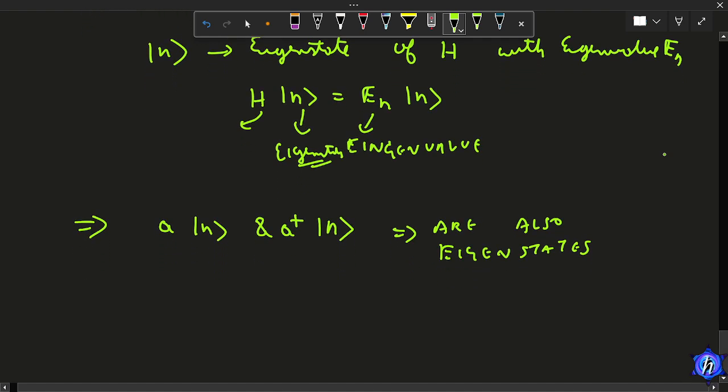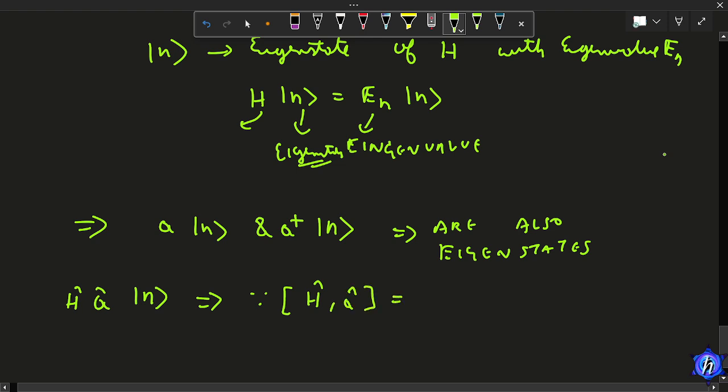Now, why I have done this: we can rewrite this H operator. I have this state |n⟩, and I can operate the Hamiltonian operator and the annihilation operator on this state in this respective order.